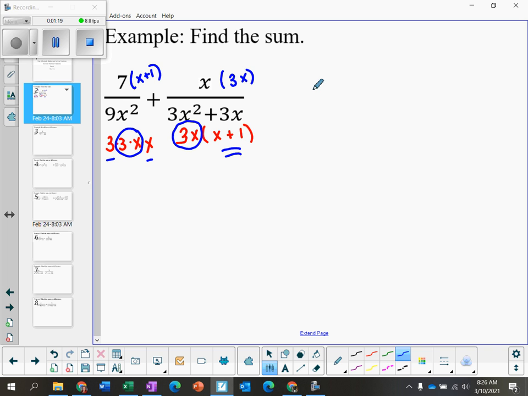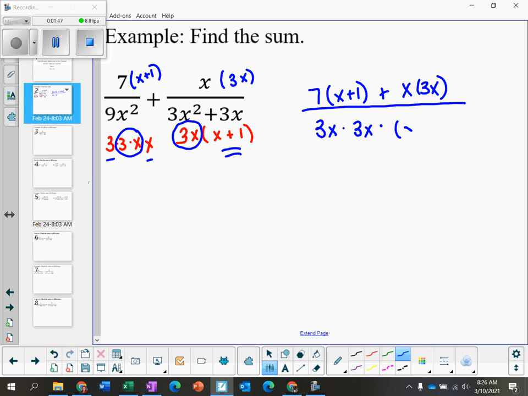So now 7 times x plus 1 will equal, not equal, I'm getting ahead of myself here, plus x times 3x will all go over the one in common, 3x, times this side, which was 3x, times this side, which was x plus 1.